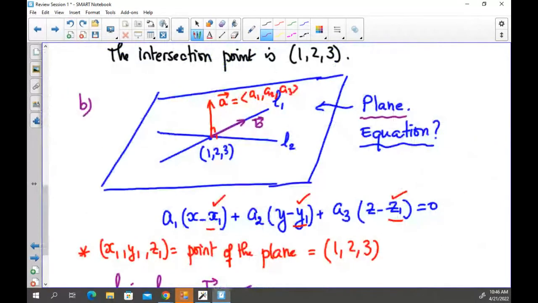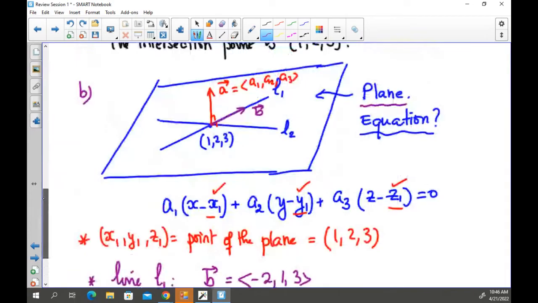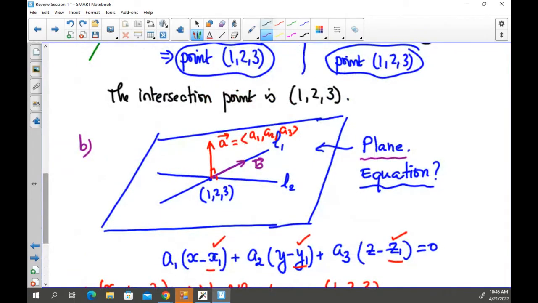So the vector B here is -2, 1, and 3. And the line L2 is in the direction of which vector? If I call it A, not A, I can't call it A. It has to be like C, maybe.